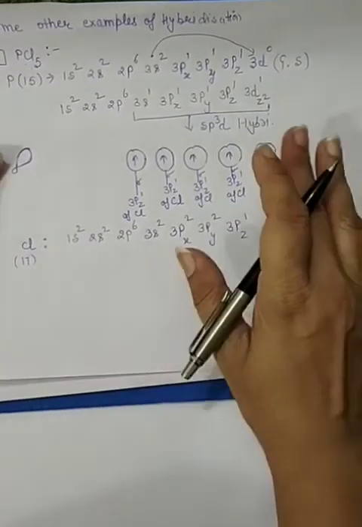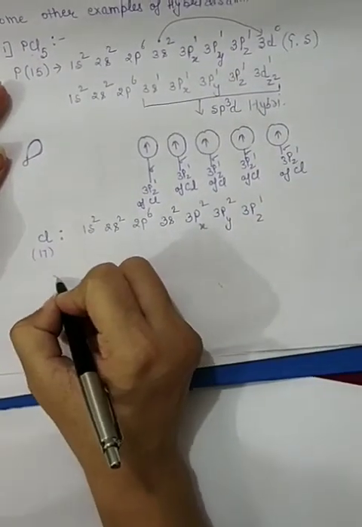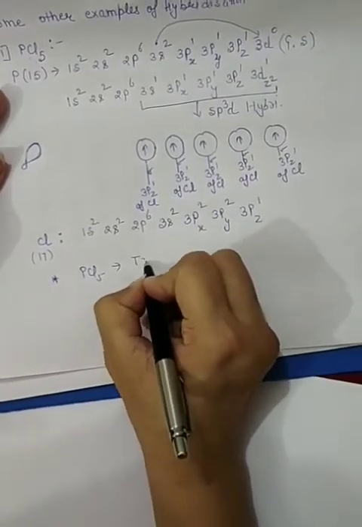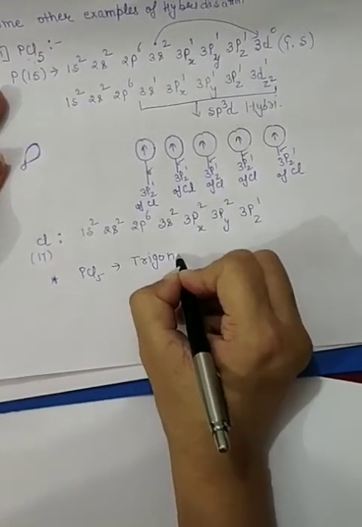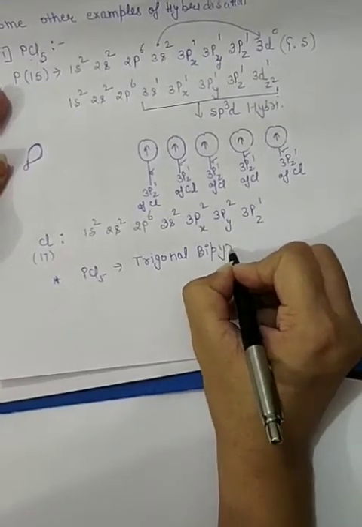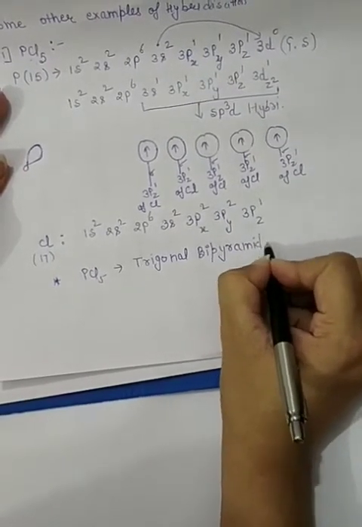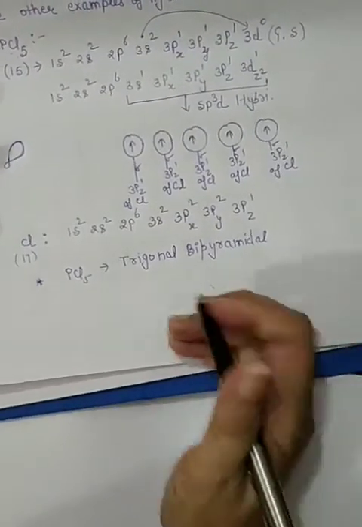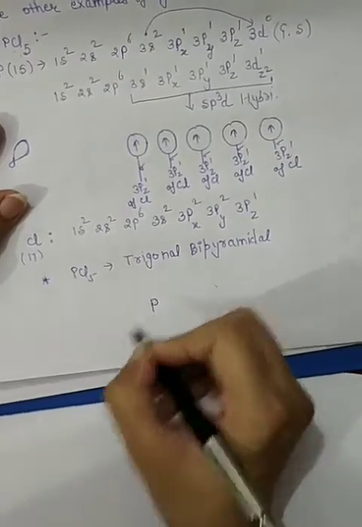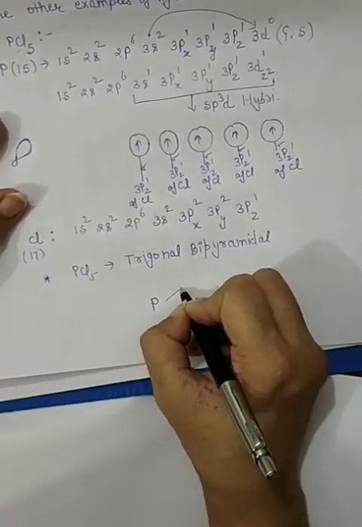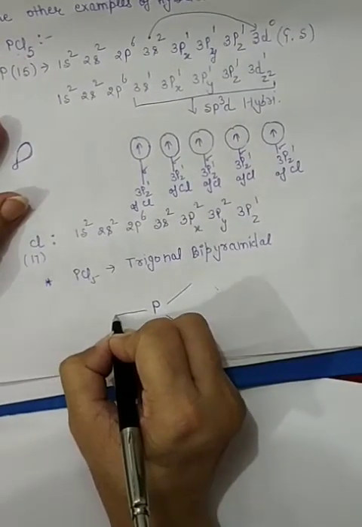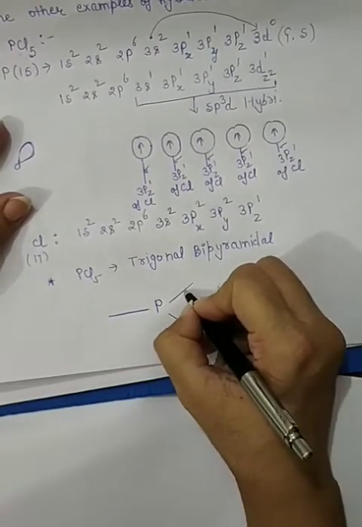So with this hybridization, the geometry of PCl5 is trigonal bipyramidal. If we discuss its geometry, then out of 5 chlorine, 3 form the triangular shape like this.